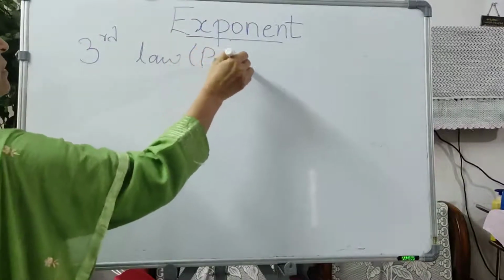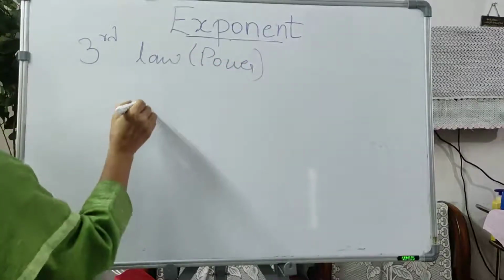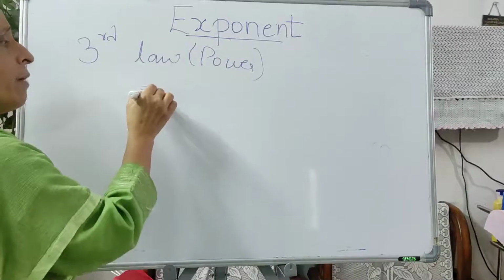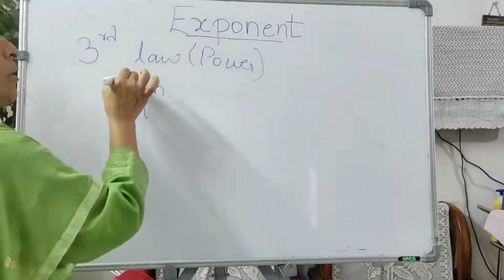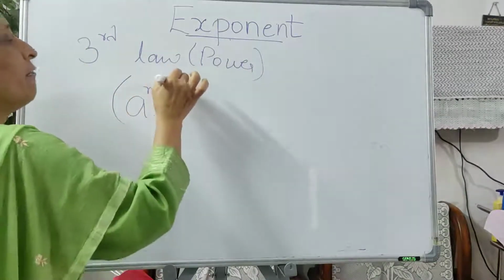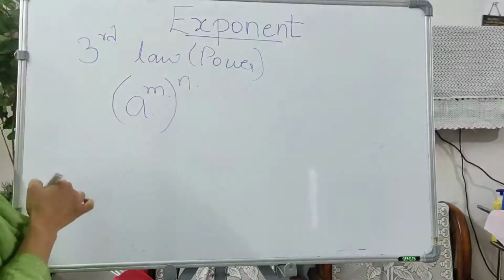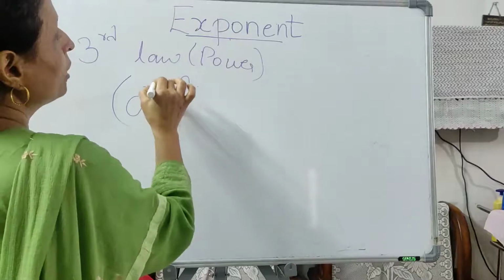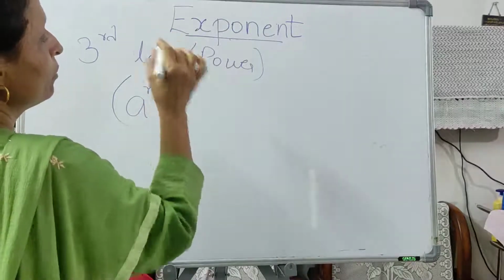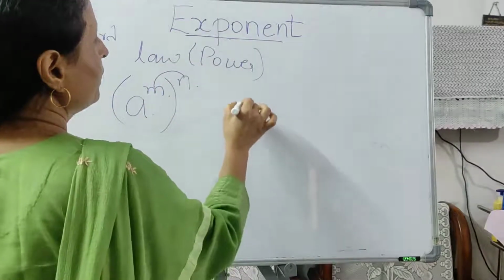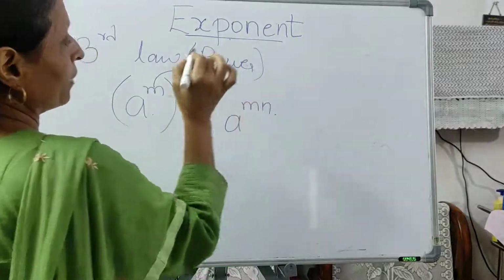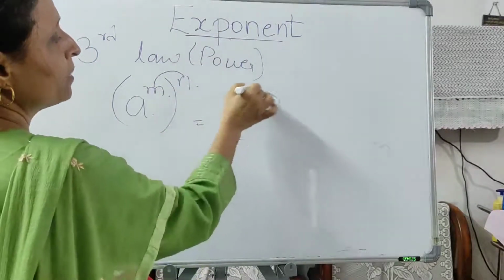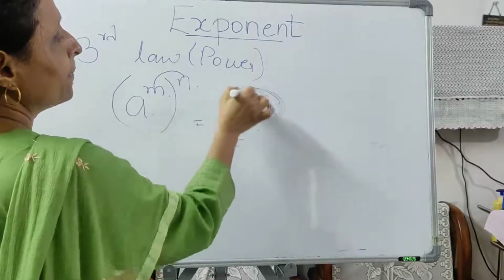What happens in this law is, if you have a base a with the power m, but you put it in brackets and you have another power n, then you have to multiply the powers m into n. So the base remains the same, and the exponents are multiplied.